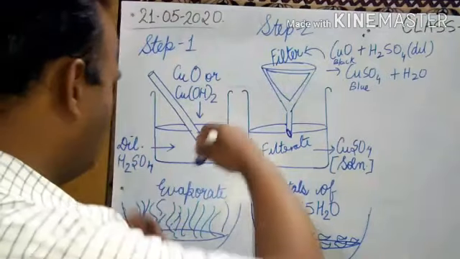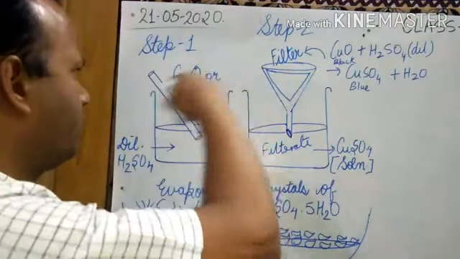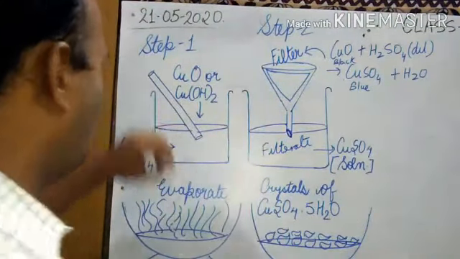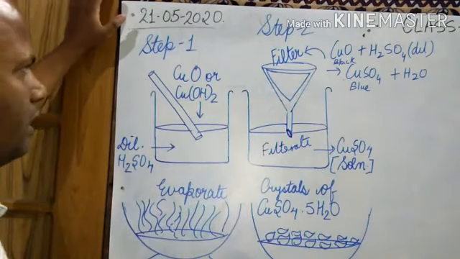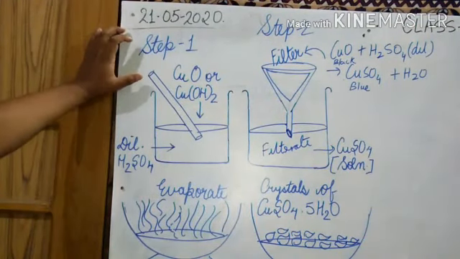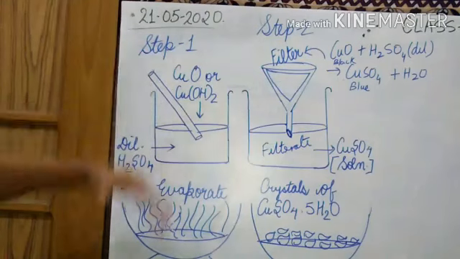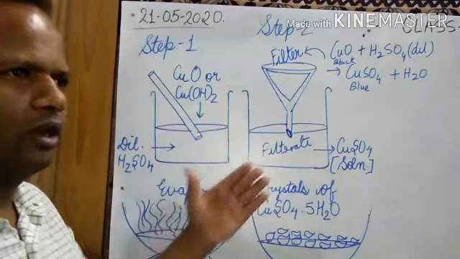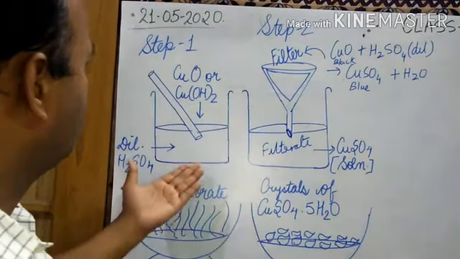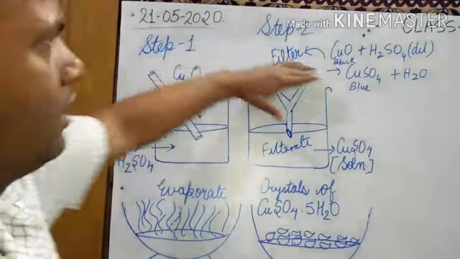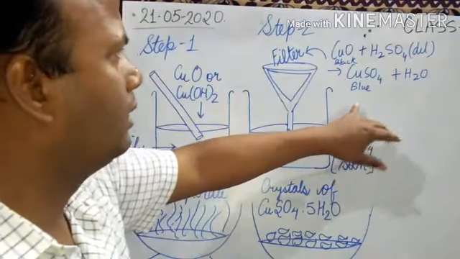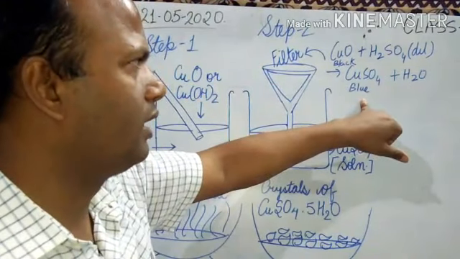Now you go on stirring it, until you get the saturated solution, in fact, with no more base dissolving. Then a reaction takes place and it forms copper sulfate.